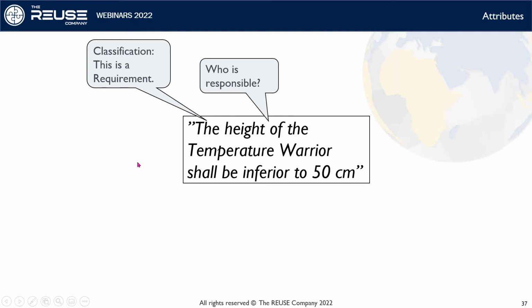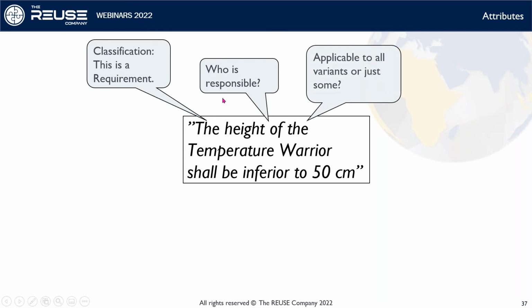You may assign ownership or responsibility to this, who has written it and who should be responsible for changes and so on. Applicability: sometimes we have variants or versions of things. Is this applicable to all versions of the Temperature Warrior or just some variants?